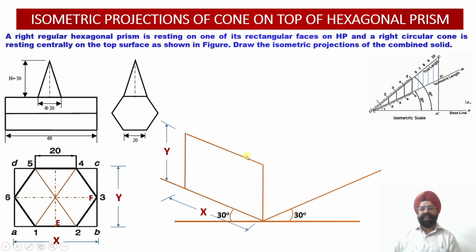Similarly, this is again the isometric line which is parallel to the x-axis, and this dimension will also be equal to x. Over here, this dimension is equal to y, and this is again an isometric line which has been drawn parallel to the y-axis, and its dimension will also be equal to y, that is the distance of B to C. Now we can draw the length of this particular prism.